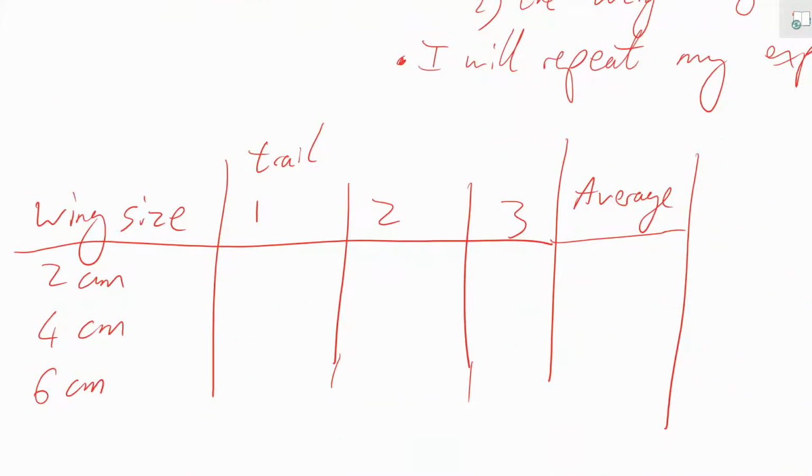And then I've drawn a table. So my wing size, 2 centimeters, 4 centimeters, and 6 centimeters, that should be squared because it's an area and not a length. So wing size. And then trial, 1, 2, and 3. So these are my repeats.